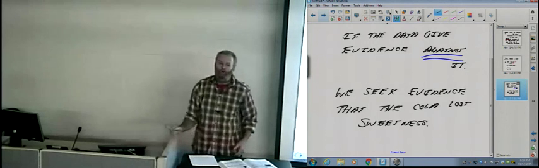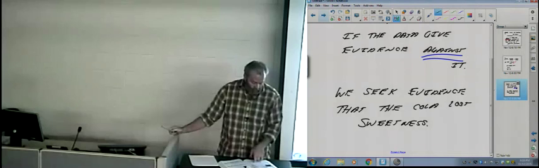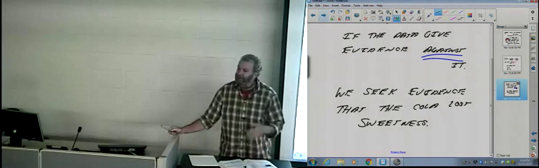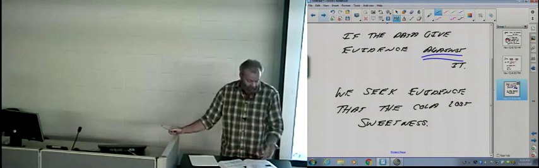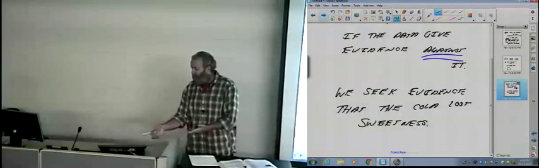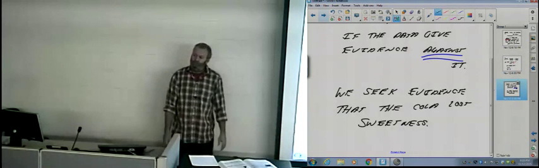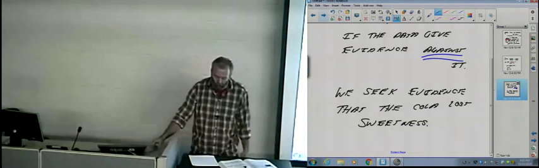Now, how do I know that's what I seek? I'm coming back to the thing. Are these data good evidence that the cola lost sweetness? That's what we're looking for evidence for. We want to know if this data is good evidence of that. Look, the one you're always seeking evidence for is always the one in the question. We seek evidence that the cola lost sweetness.